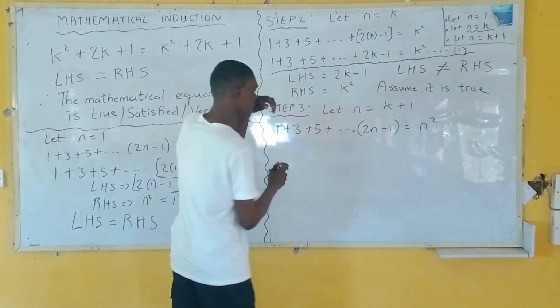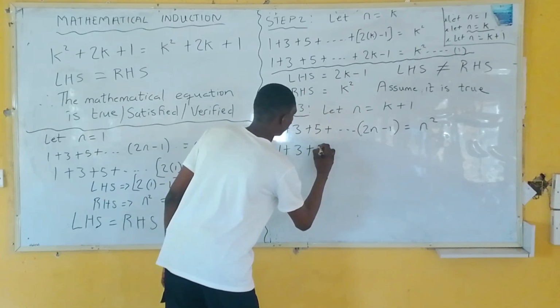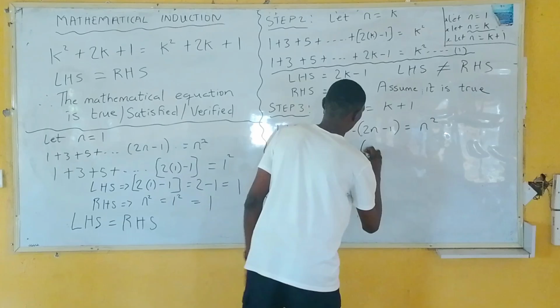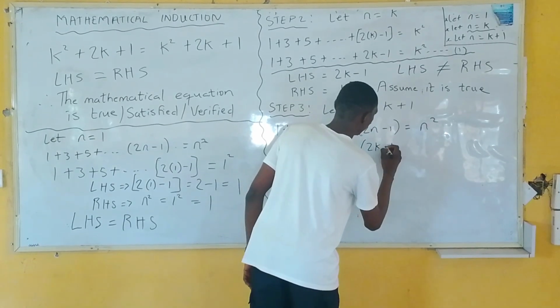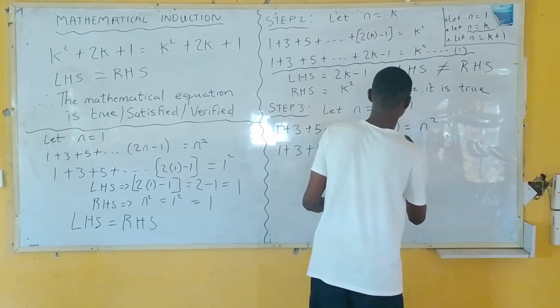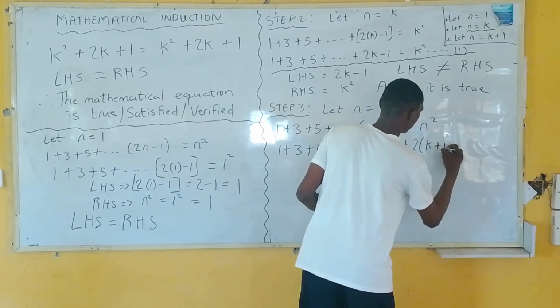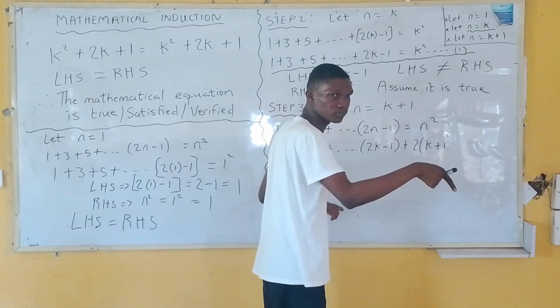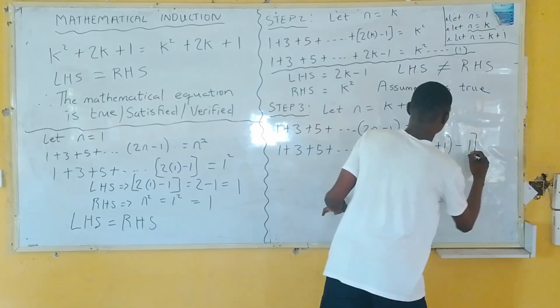But we know that we are going to input 1 plus 3 plus 5 plus dot dot dot 2k minus 1. All right? Then plus open bracket 2 open brackets k plus 1, which is our second n, and what? Minus 1. Am I right?